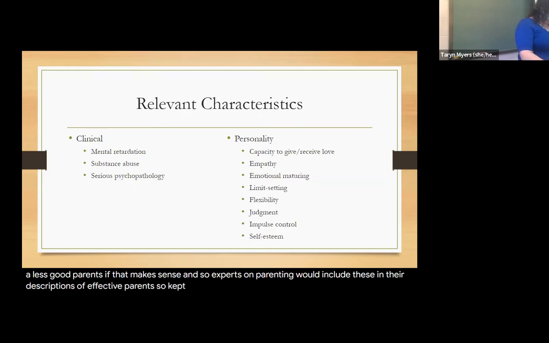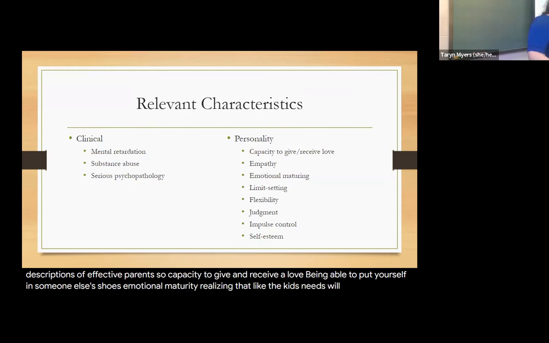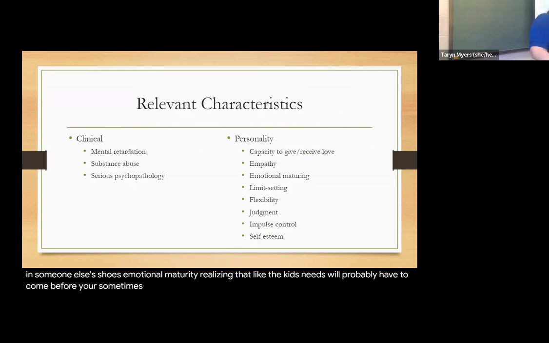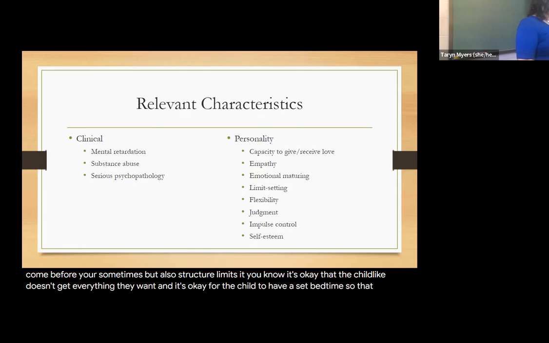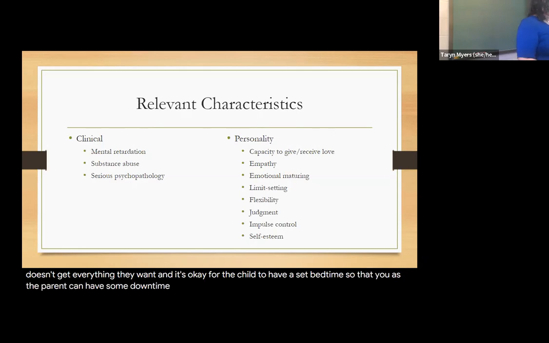So capacity to give and receive love, empathy, being able to put yourself in someone else's shoes, emotional maturity, realizing that the kid's needs will probably have to come before yours sometimes. But also structure, limit setting. You know, it's okay that the child doesn't get everything they want. And it's okay for the child to have a set bedtime so that you as the parent can have some downtime, right? And not go crazy.